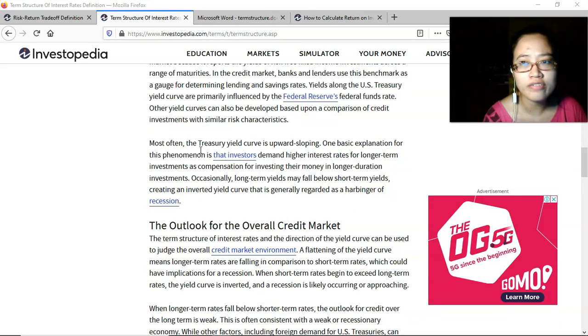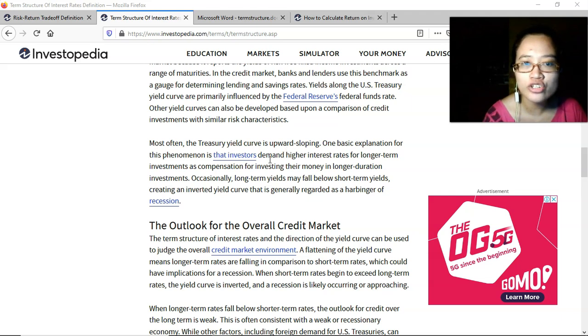Essentially, because government bonds are risk-free or have the least risk among all types of investments, they are the basis, or that's where they compare most of the investments. Most often, the Treasury yield curve is upward sloping.